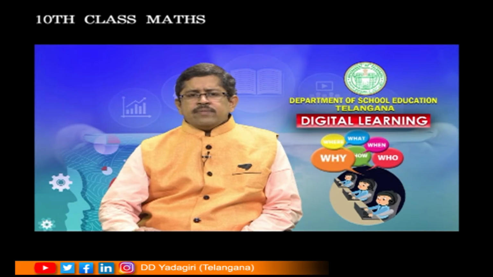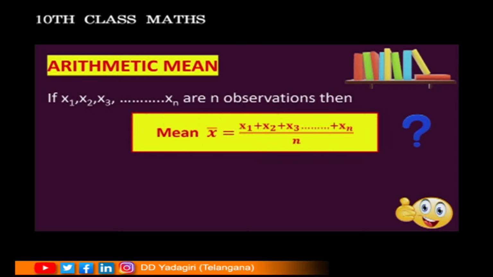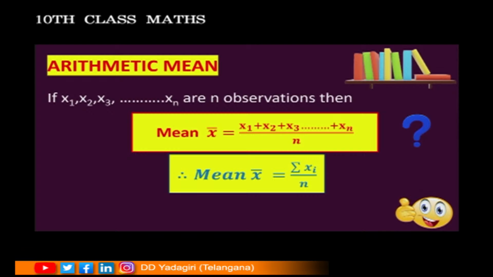If you have n observations, x1, x2, x3 and so on up to xn, then the mean x bar is equal to x1 plus x2 plus x3 plus and so on plus xn, divided by n. In short, mean x bar is equal to sigma xi divided by n, where sigma is called sum.